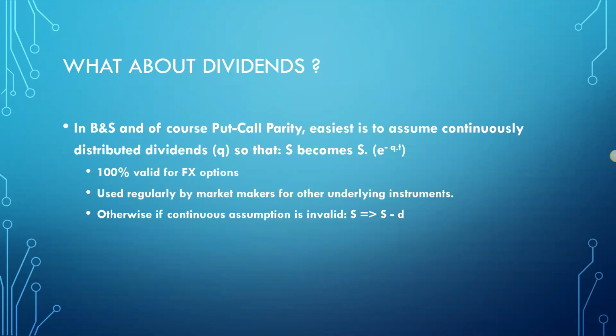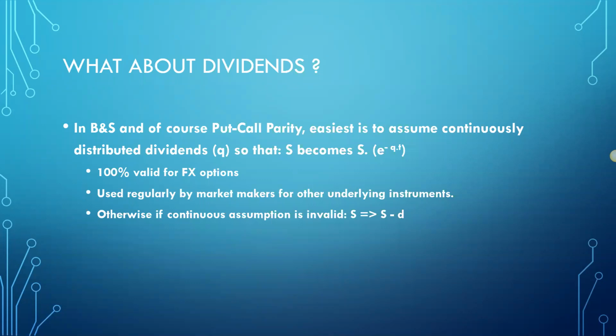And of course, for FX options, the dividend is the interest rate you get in the currency pair. So it's like it's been devised for FX options. For any other underlying, it will not work as well, unless you work out an equivalent of a continuous dividend.